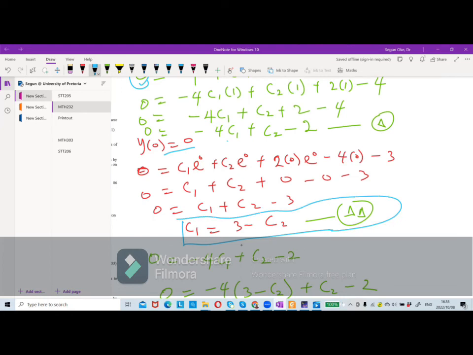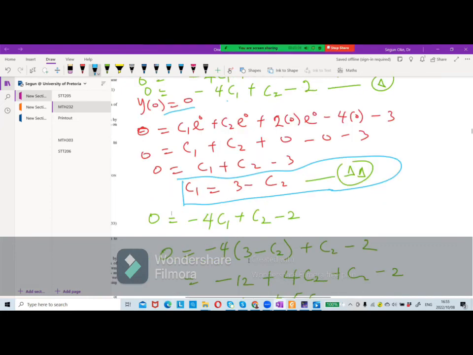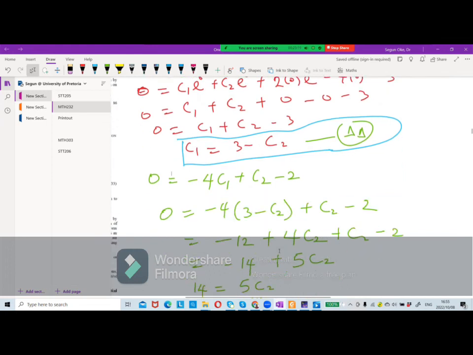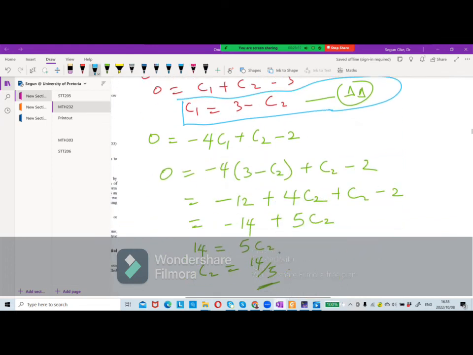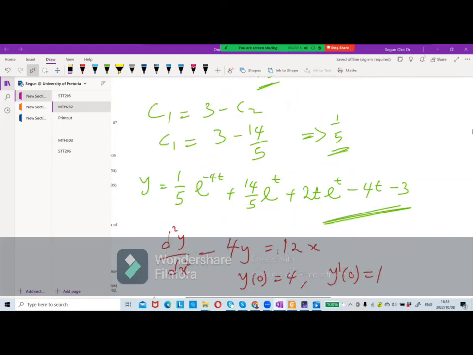Now, let's substitute C1 into equation triangle. So when you substitute them, anywhere you see it, open the bracket. At the end of the day, you have C2 to be 14/5.